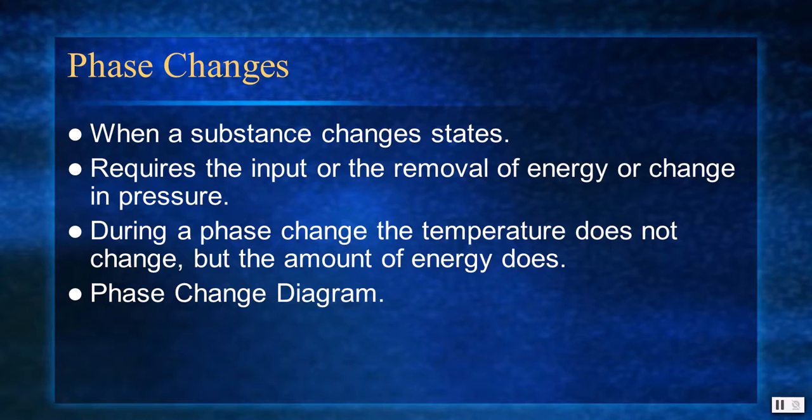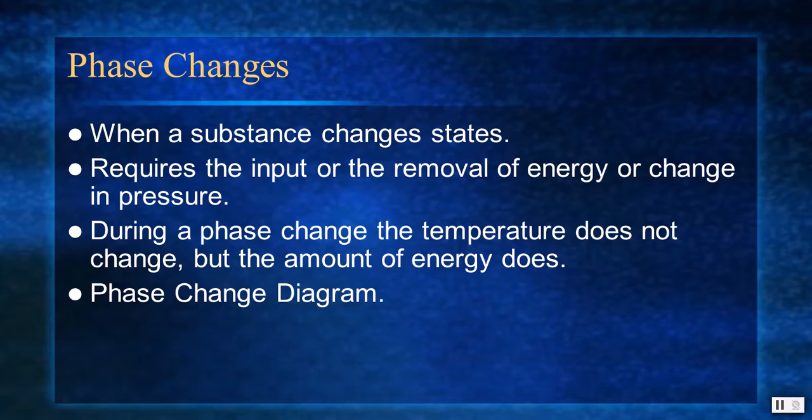Now, this is very important. During a phase change, the temperature does not change. The amount of energy does, but the temperature does not change. And we're going to talk about that. So what happens is all of that energy being put in is going towards breaking those intermolecular bonds and adding kinetic energy to the substance.